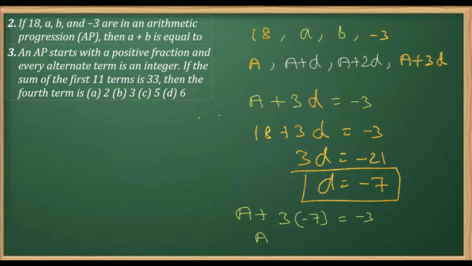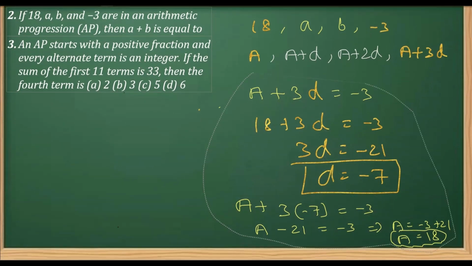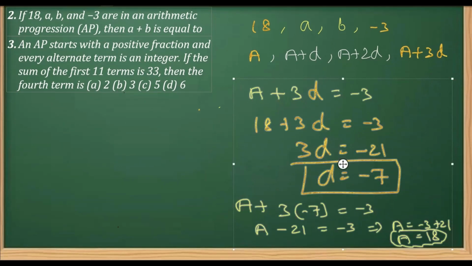That results in A minus 21 is equal to minus 3. This implies A will be minus 3 plus 21, which comes out to be 18. We got the value of A also. Let me keep these things aside to explain you properly.